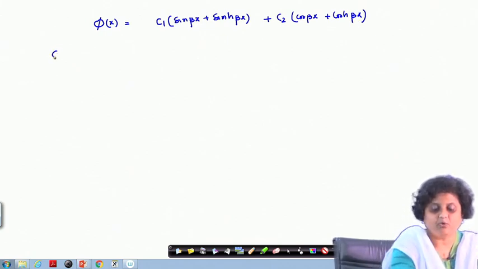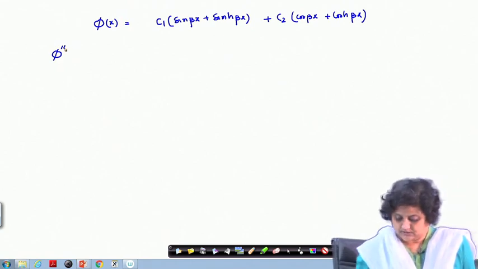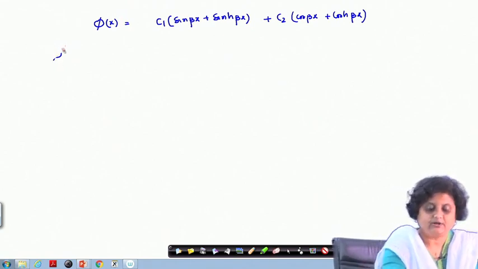Now, let us impose the other two boundary conditions. So, what are the other two boundary conditions?